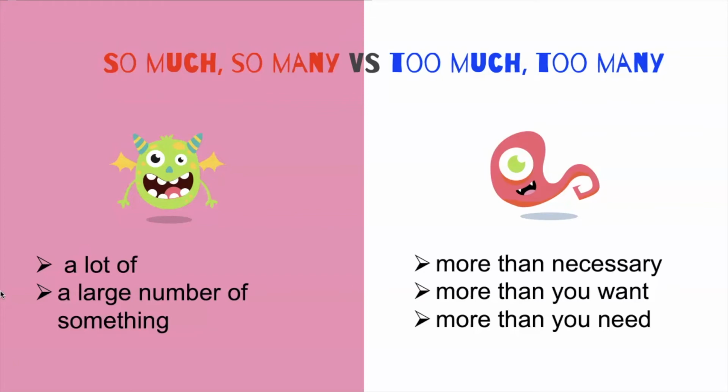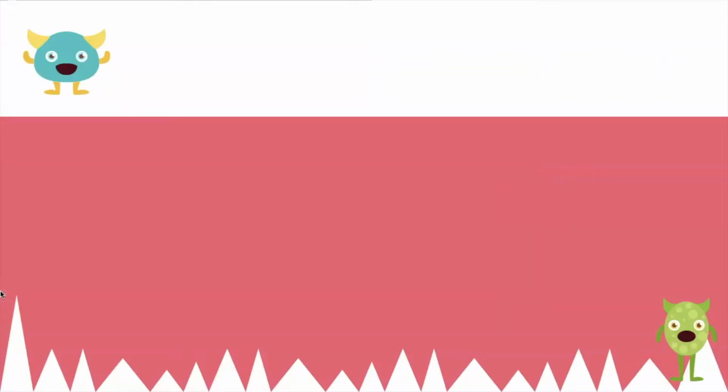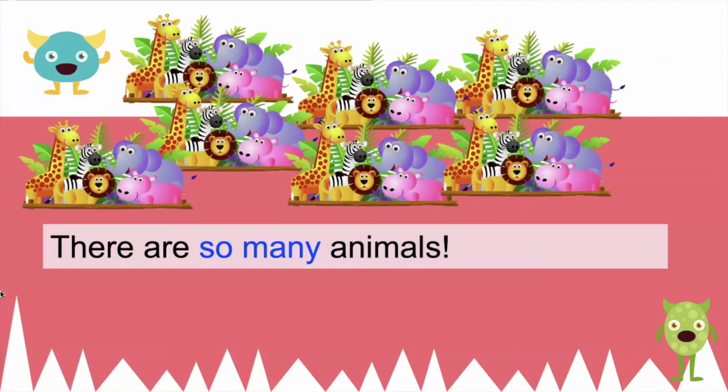There's a slight negative implication there. For example, there are so many animals, which means there are a lot of animals, and you are okay with it. It sounds neutral. You don't say that it's not good. You don't say you like it.